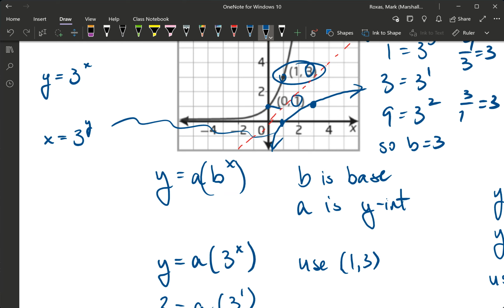We use something called a logarithm. A logarithm is what we call the inverse function of an exponential.